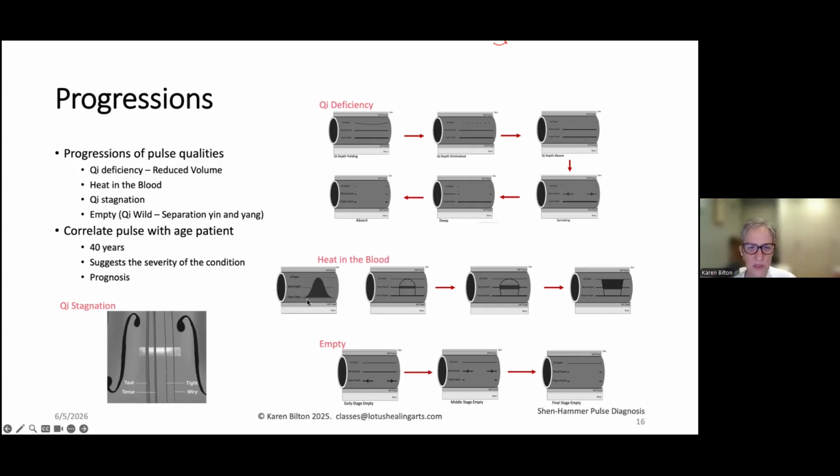Okay, so this is also the heat in the blood that I was talking about. Normally when we release from the organ depth up through the blood depth to the chi depth, the impulse should come under our fingers, as it does in that diagram.